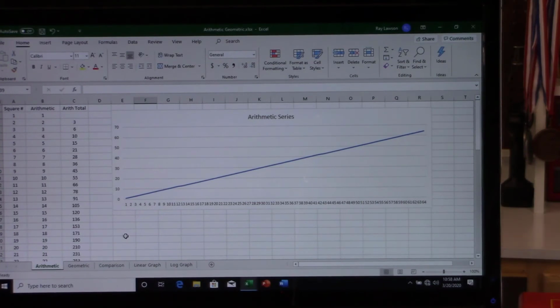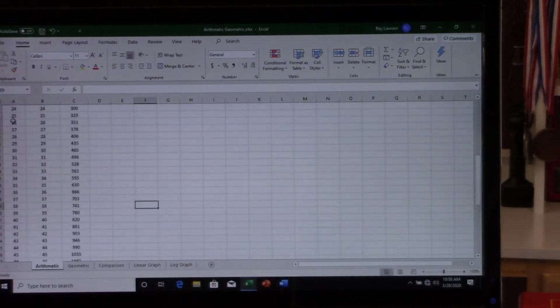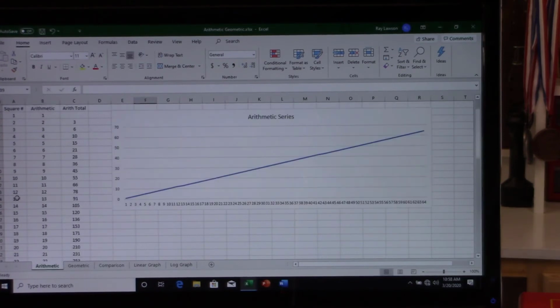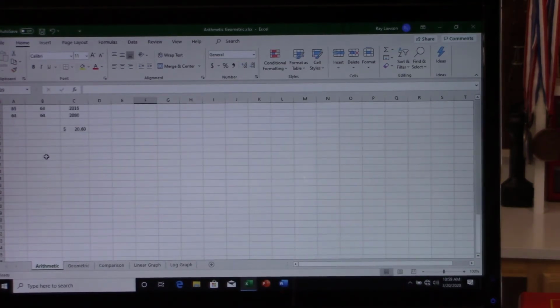So just to do a quick review of what I did, over here to the left, I have the square number on the checkerboard, and there are 64 squares total. Using the arithmetic series, I have 1 penny, then 2, then 3, then 4. And when I get to the very last square, I'll have 64 pennies.